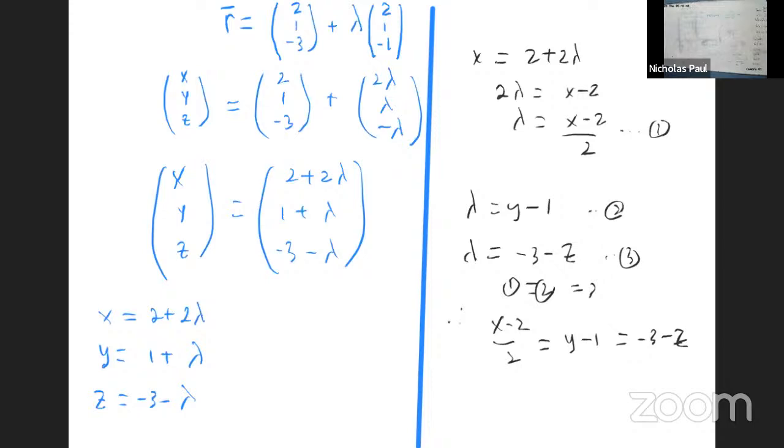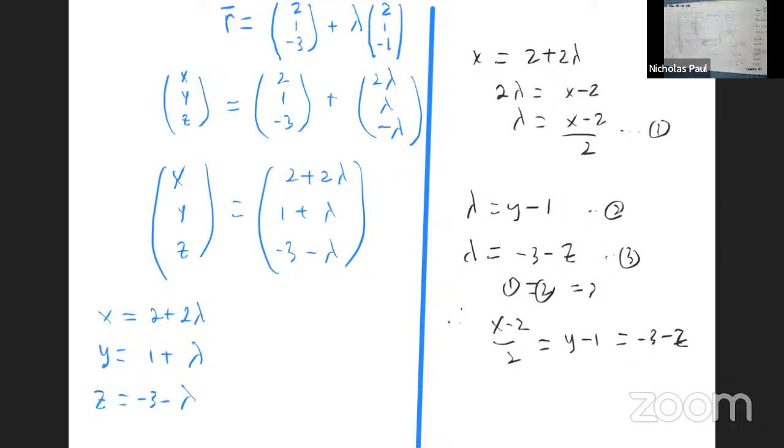Any questions online there? Say that again. The Cartesian form doesn't have lambda. No, the last example that we did had no y term, right?